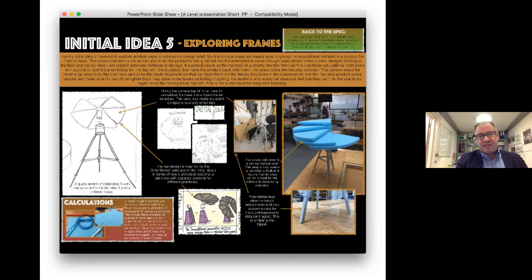And you'll notice on this slide, this is a typical slide from a student's work at A level, which you will definitely be familiar with the content from GCSE, but you can see down at the bottom there, the student has put in some calculations of angles, bit of trigonometry there, and also some biomimicry, mimicking flowers and smart flowers to bring into her design. So it's this rich mix of sketching, modelling, science, maths, all come into play.